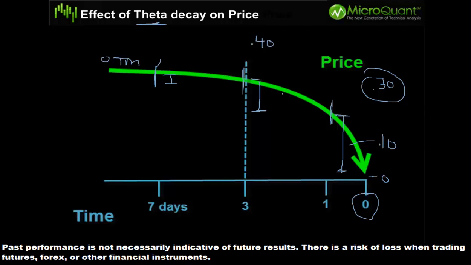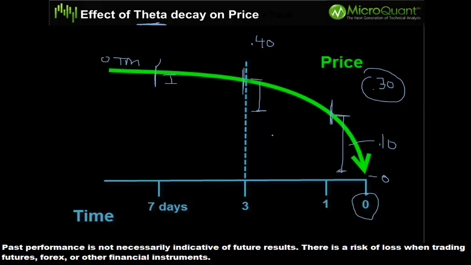If we sell something for 40, here on the third day, here on the 1 day till expiration, it might be just worth 20 cents. Close of business on Thursday. Midday on Friday, it's only worth 10 cents. And then later on, it could be worth 0 cents if it doesn't intersect the short strike.